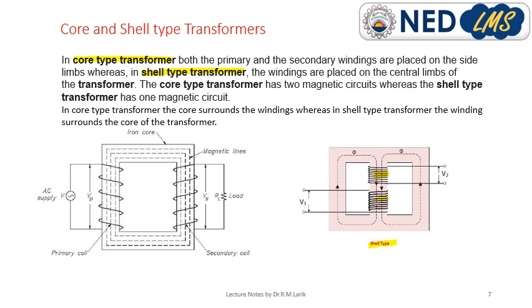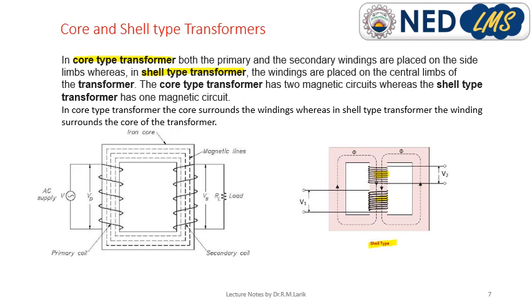And here, the windings are outside the core, surrounding the core. Core type has several magnetic paths, while shell type has only one magnetic path around it. It's clear from the figure.